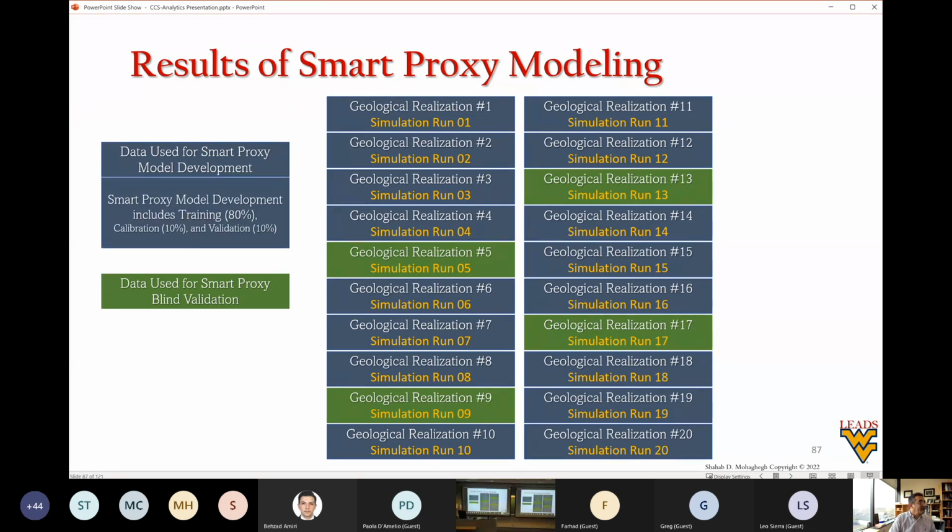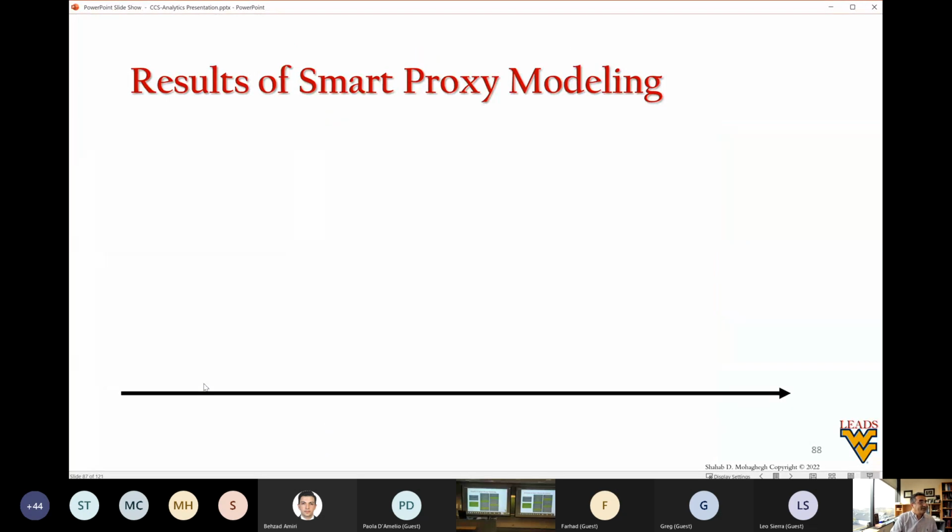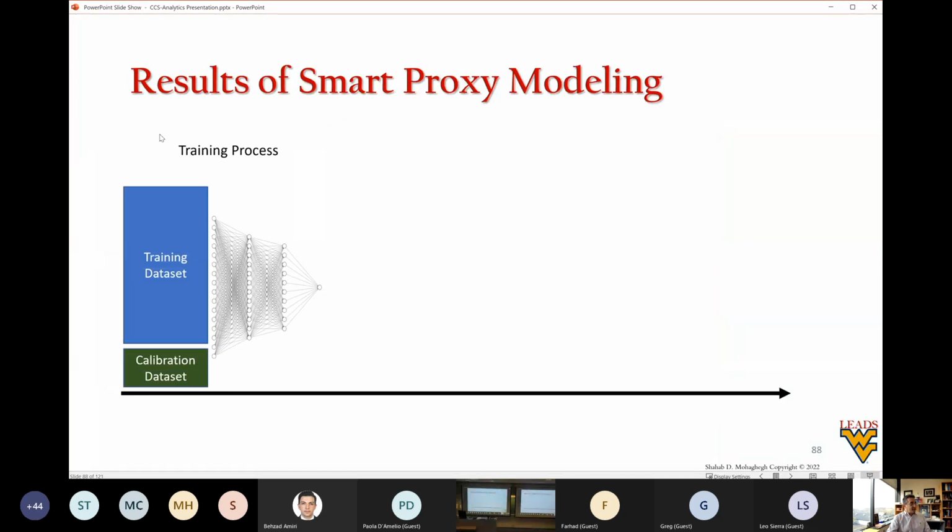Smart proxy model development includes training on 80% of the blue data, calibration with 10% of the blue data, and validation with 10% of the blue data. That's all 100%. However, the green ones, the blind validation, are not used during model development. Keep that in mind.